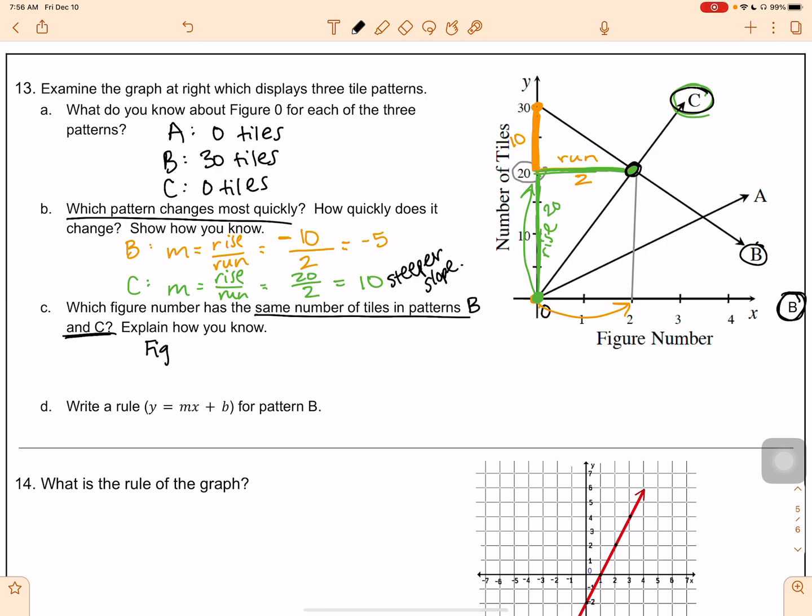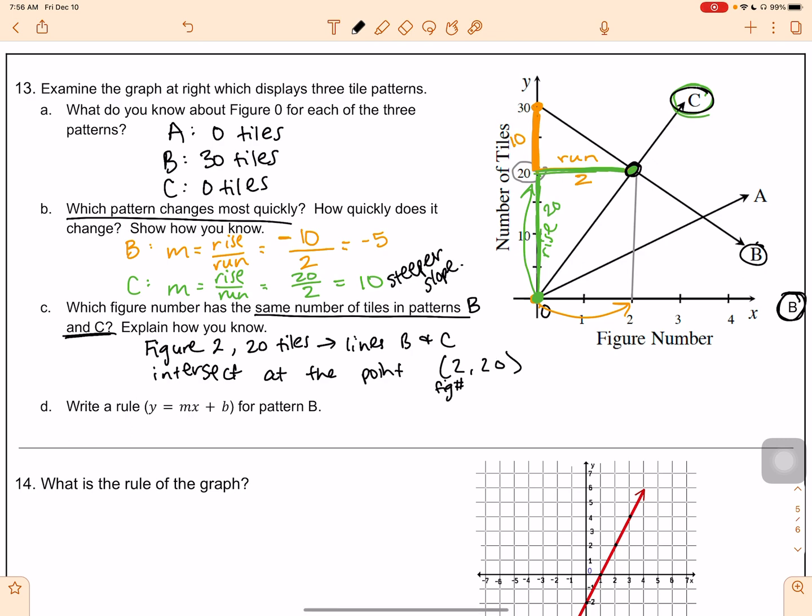So we'll put figure 2, 20 tiles, lines B and C intersect at the point 2, 20, where 2 is the figure number and 20 is the number of tiles. So that's why we know in figure 2 they both have 20 tiles.